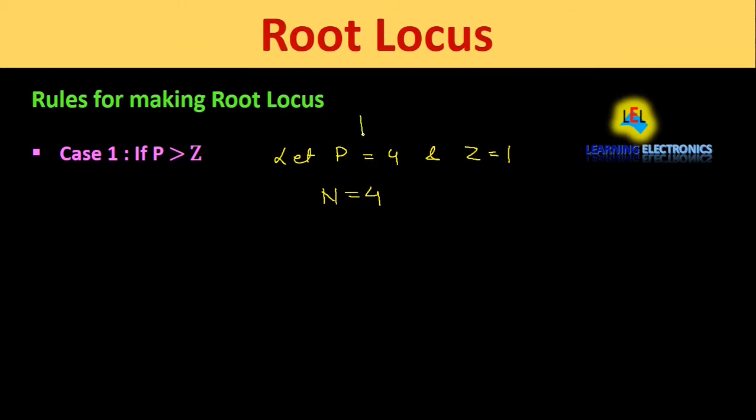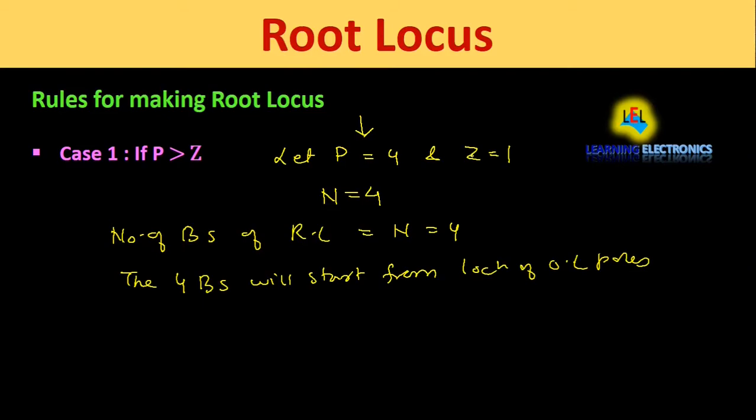So here we have poles greater than zeros, so we will take the number of poles as the number of branches of the root locus. So we have 4 branches of the root locus, and all the 4 branches will start from the location of the 4 open loop poles.